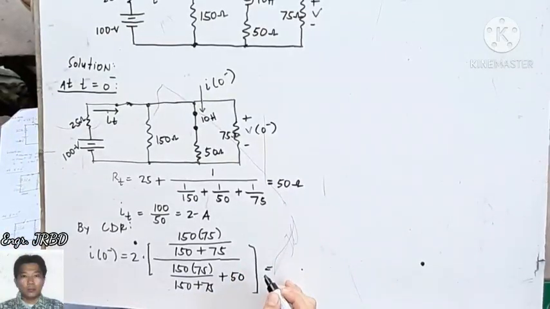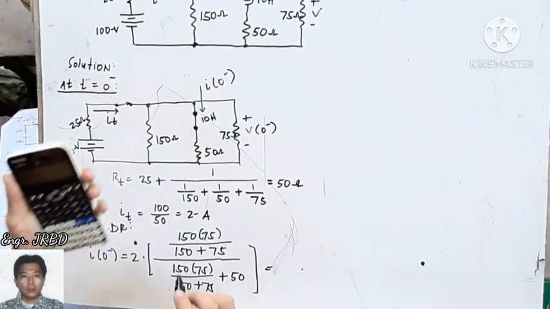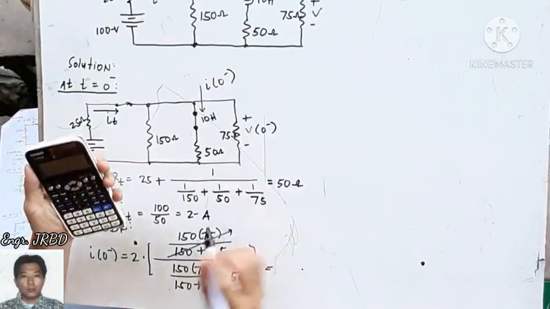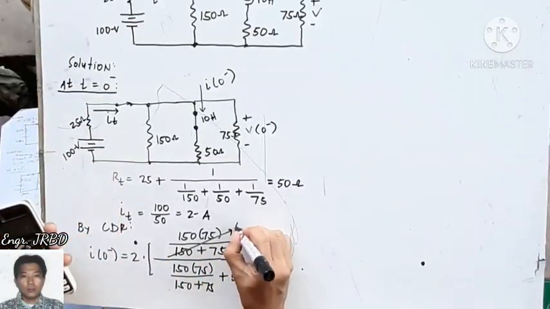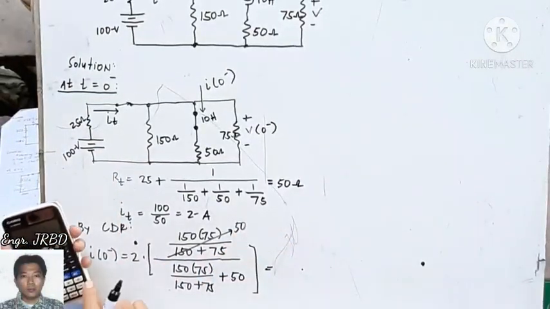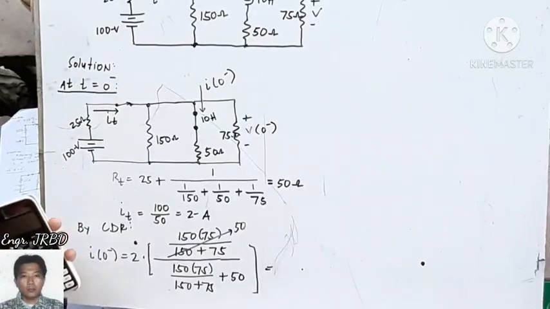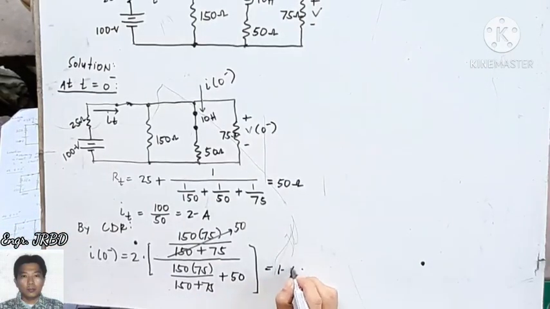The value of I at time t = 0 negative is equivalent to 50 divided by 50 plus 50 times 2, which is 1 ampere.